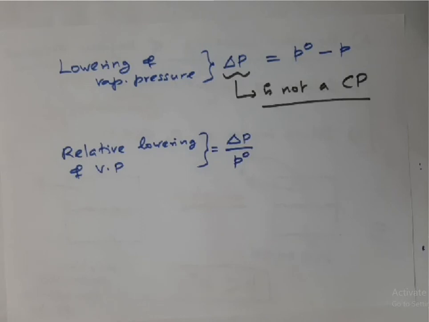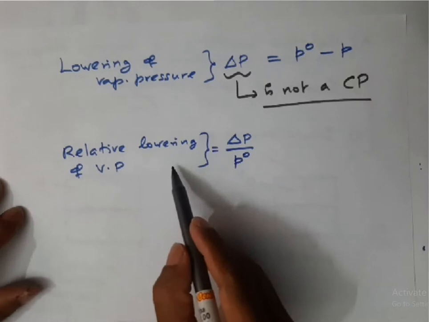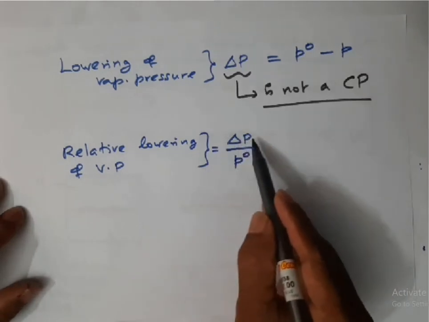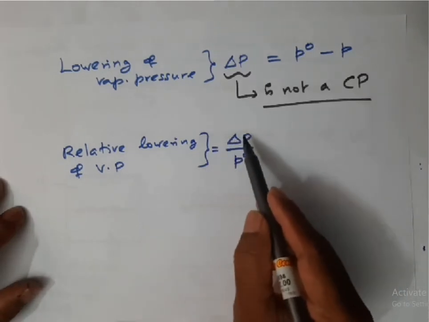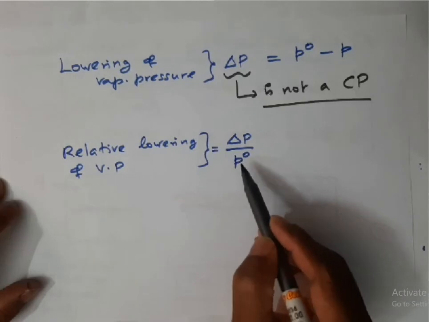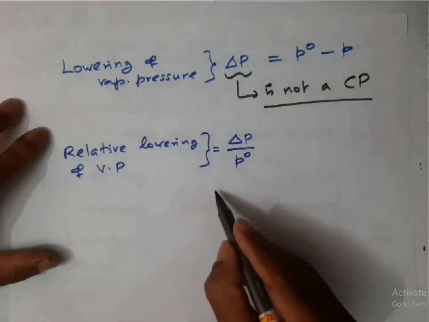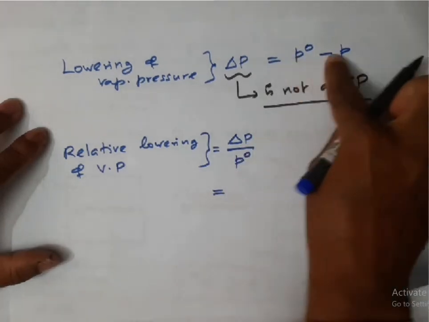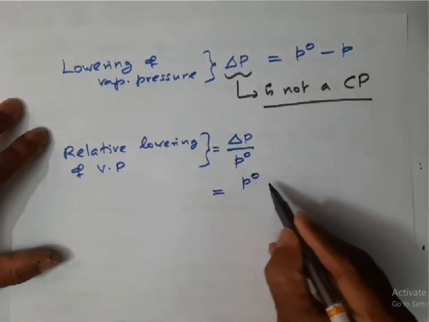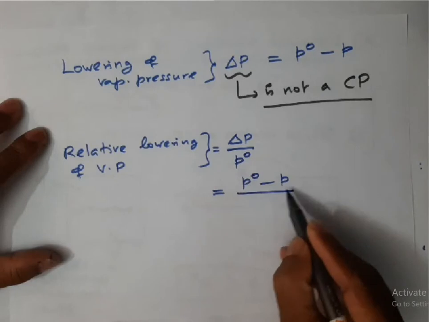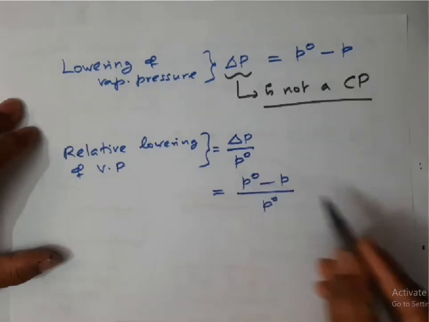Relative lowering of vapor pressure is nothing but lowering of vapor pressure divided by vapor pressure of pure solvent. Now you know very well what is delta P. Delta P is P naught minus P, so P naught minus P divided by P naught.